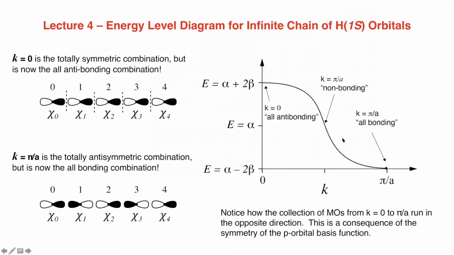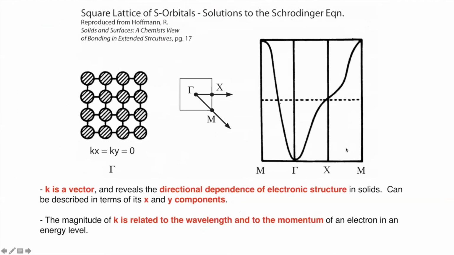It's the same sort of diagram. The y-axis is energy and the x-axis is k in two different Brillouin zones, gamma to x and gamma to m, where the k value is changing from 0 to pi over a. So you can look at how energy evolves as kx and ky are varied from 0 to pi over a this way.